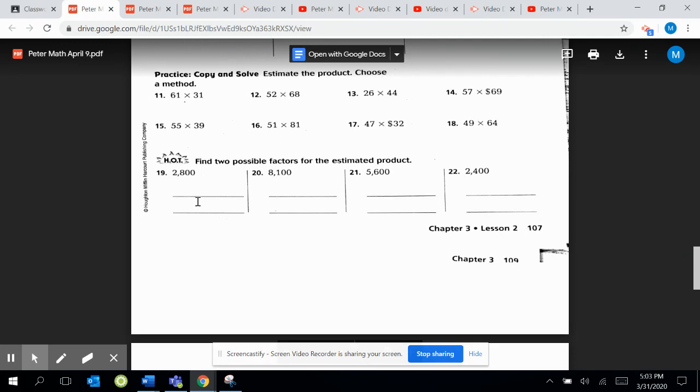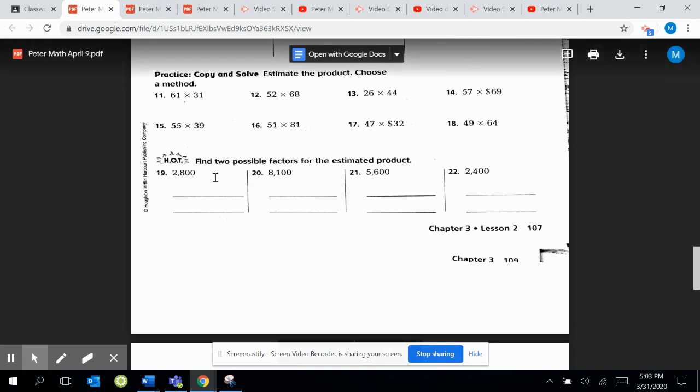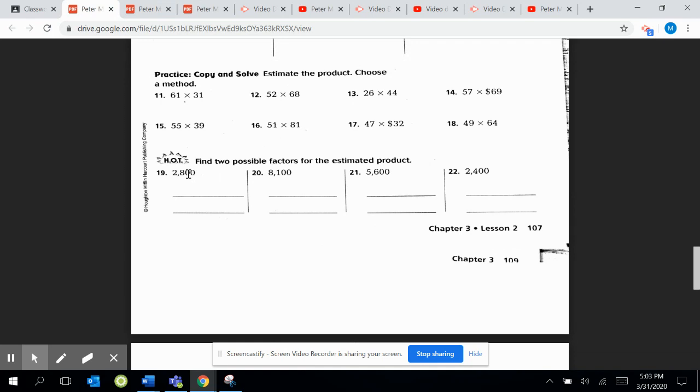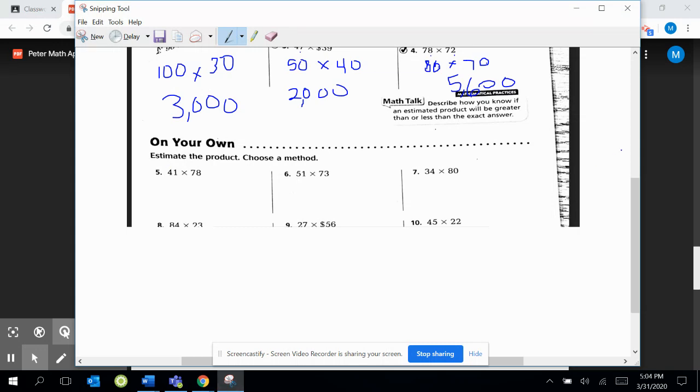Now, this here looks like it's a little different. It says find 2 possible factors for the estimated product. So the easiest way to do this is if you pretend that those zeros aren't there. Then here, I will clip it here so that I can write on this.